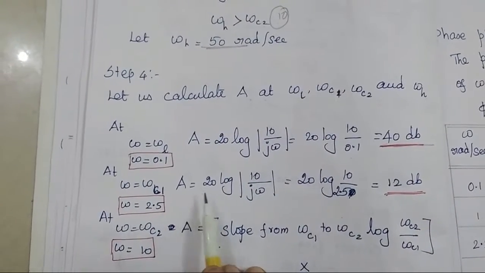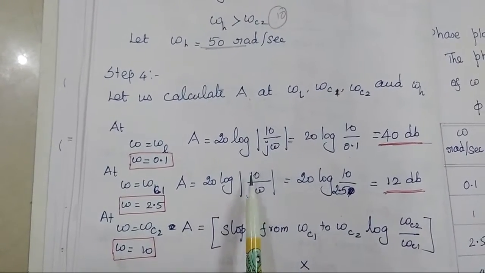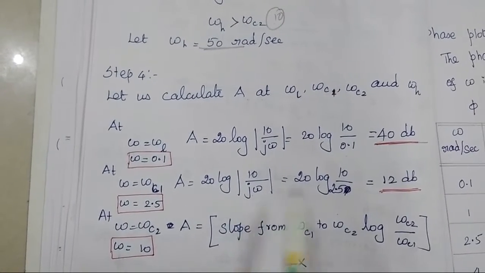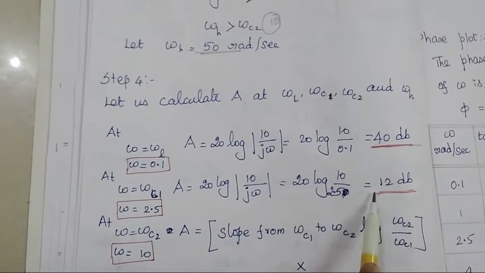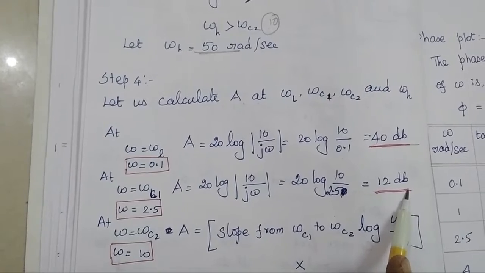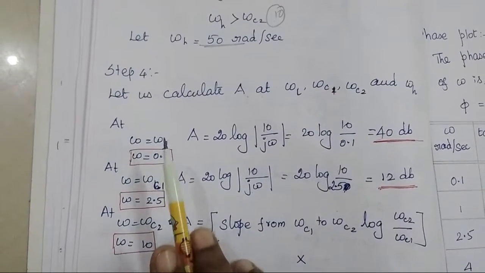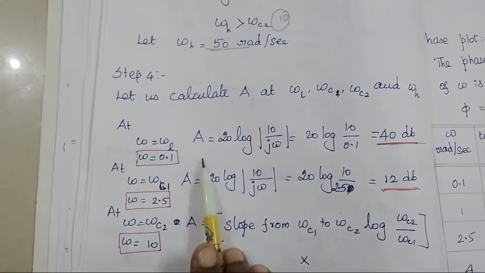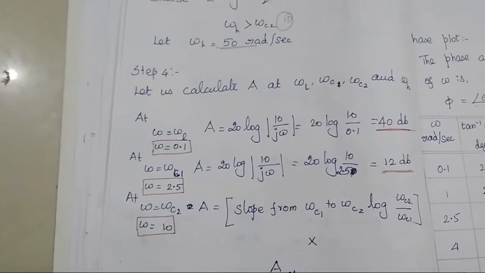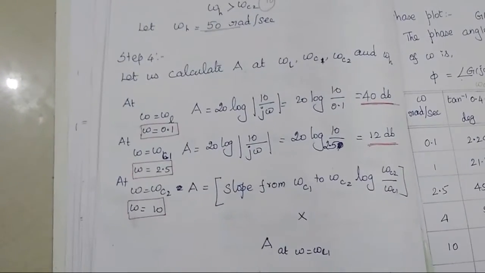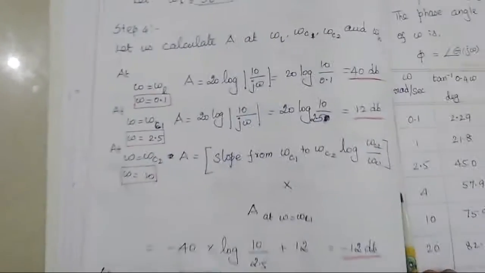Then A equals 20 log 10 by 2.5, which is 12 dB. Accordingly, we calculated the gain for two frequencies, the lowest frequency and then corner frequency 1.